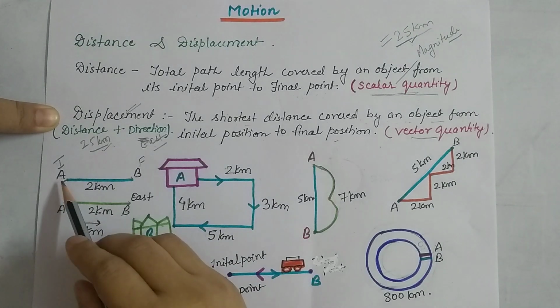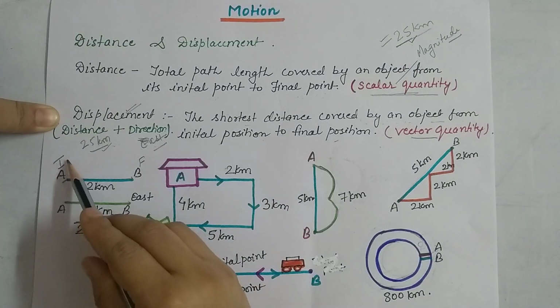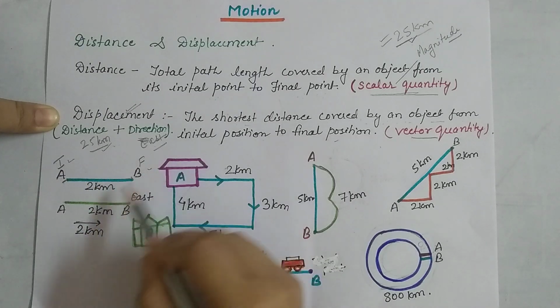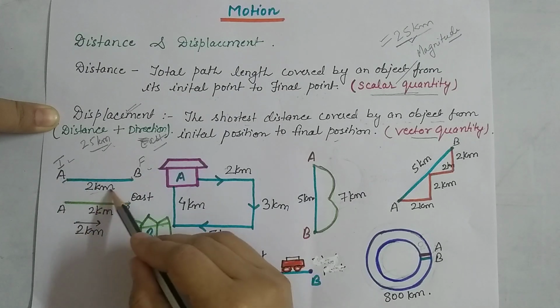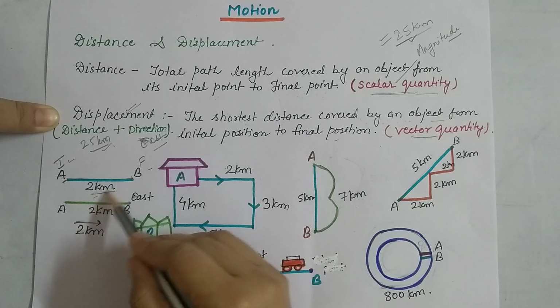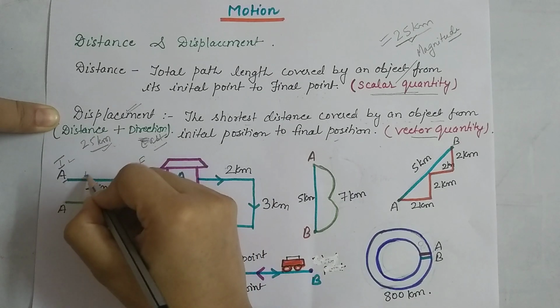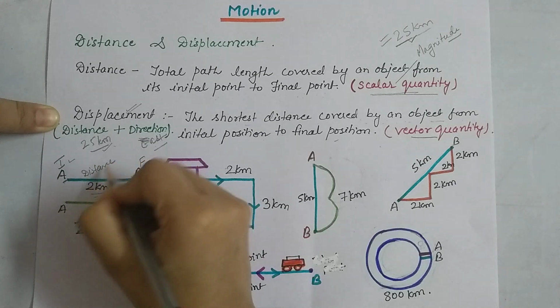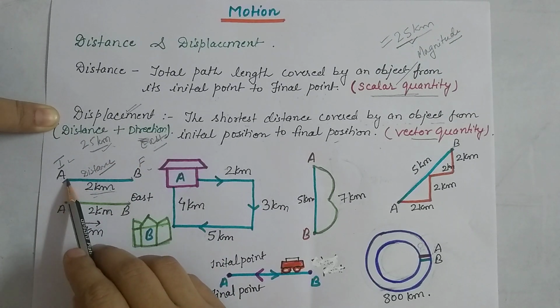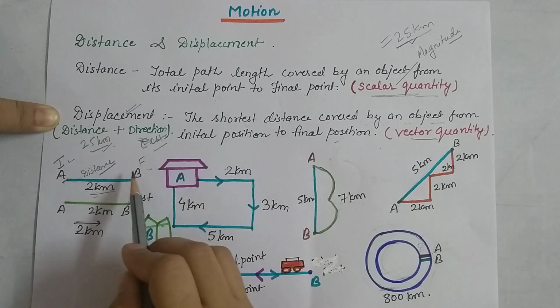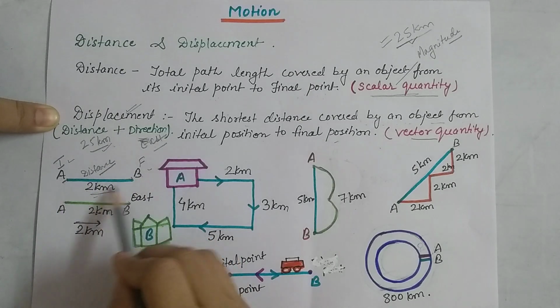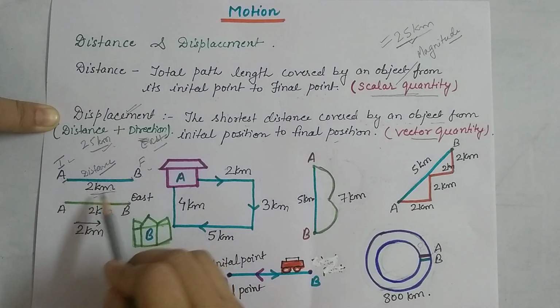An object moves from the initial point to the final point, and the distance covered is 2 kilometers.